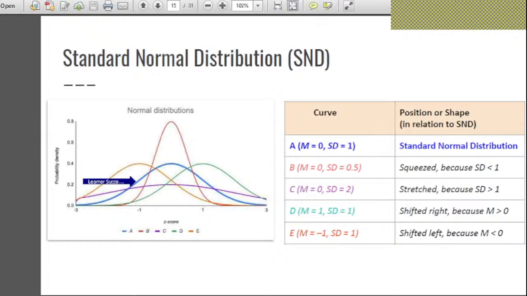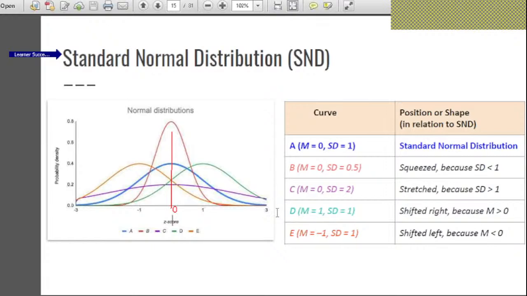Now, what is a standard normal distribution? It's a normal distribution which is standardized in terms of mean and standard deviation, right? This blue distribution has a mean of 0 and a standard deviation of 1.